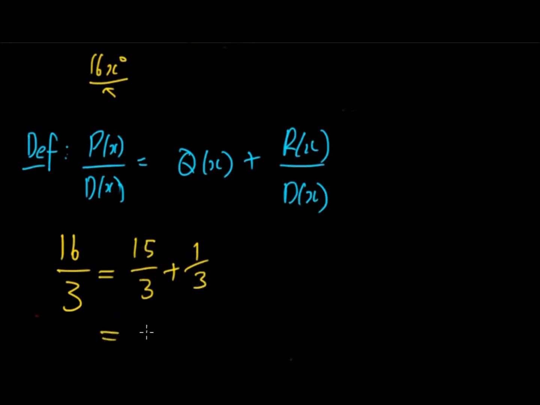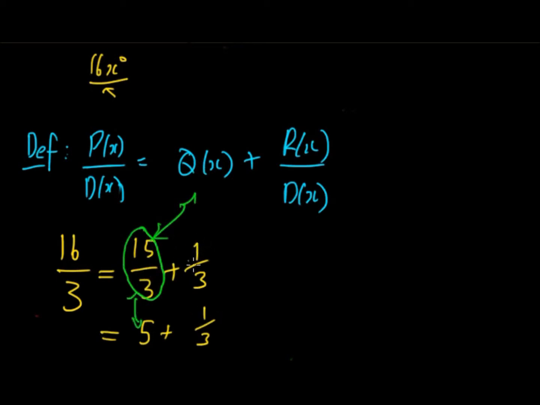Now 15 on 3 is equal to 5. Then we get plus 1 on 3. You have 16 on 3, and what I've done is split it into the highest number that's divisible by this number. That's going to give me Q(x), an actual integer, or in the general case, an actual polynomial.